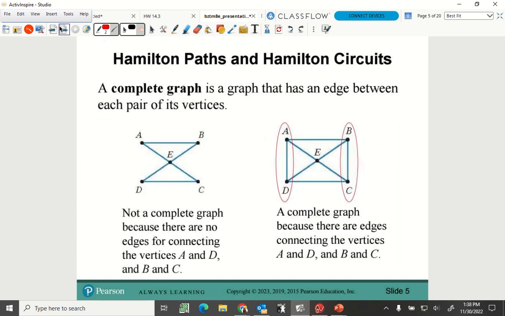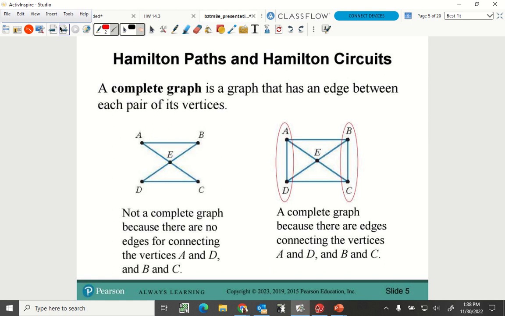Alrighty, so let's take a look at this. A complete graph is a graph that has an edge between each pair of its vertices. Is there one in between each vertex?